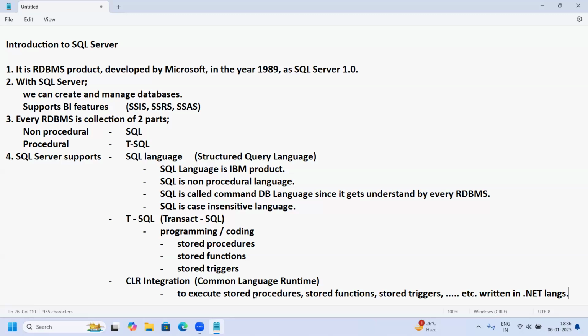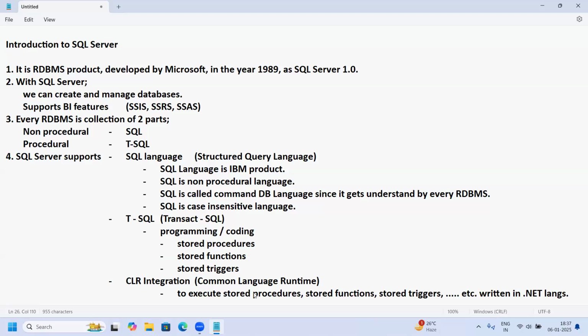So obviously, even when you learn SQL Server development, I won't talk on this stuff, because a person should have knowledge of .NET, then he or she can understand the CLR integration. You know what Microsoft has done?